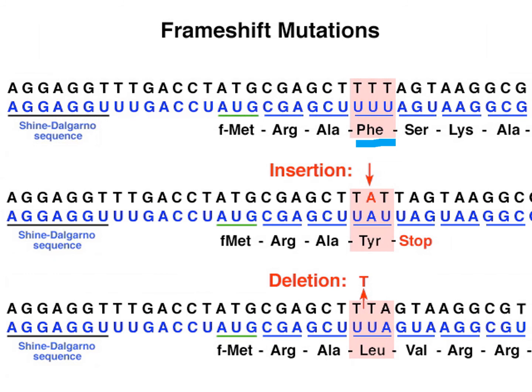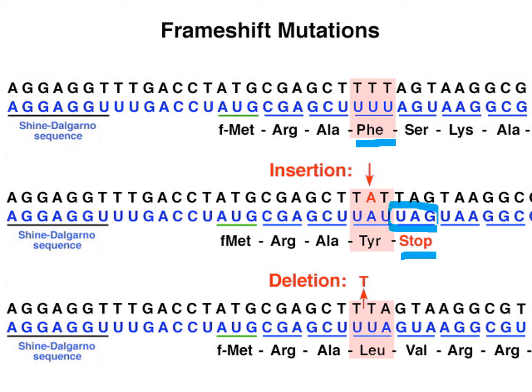In the insertion here, we have changed that phenylalanine to a tyrosine, and the insertion causes a stop codon to follow that tyrosine. So we would get termination of that chain. So that would be a severely truncated and non-functioning oligopeptide, because it would only have the 4 amino acids.